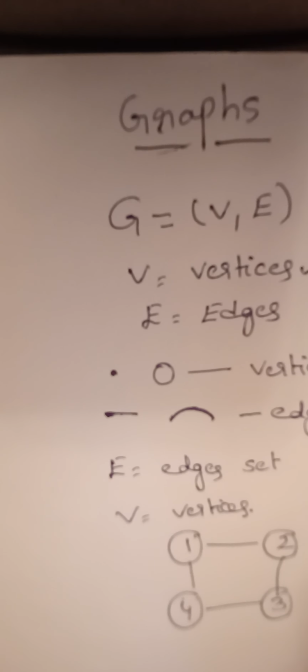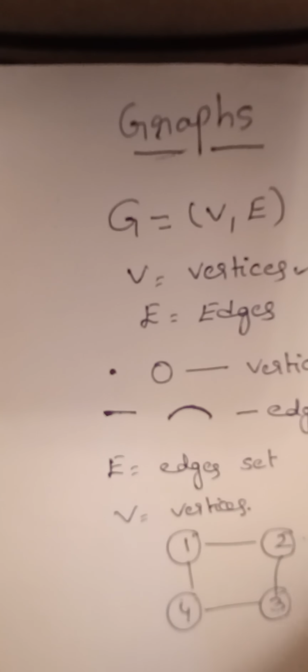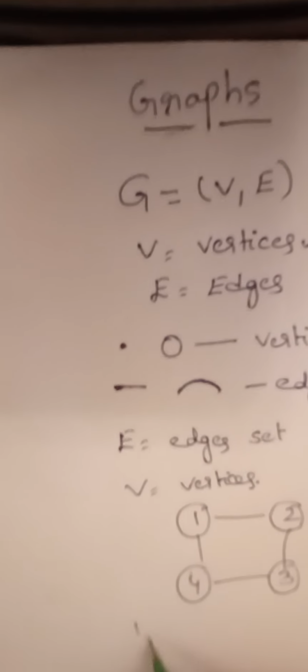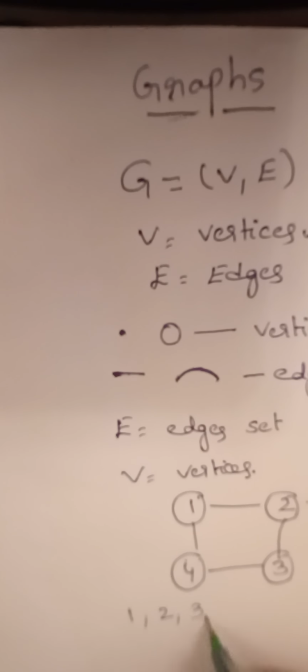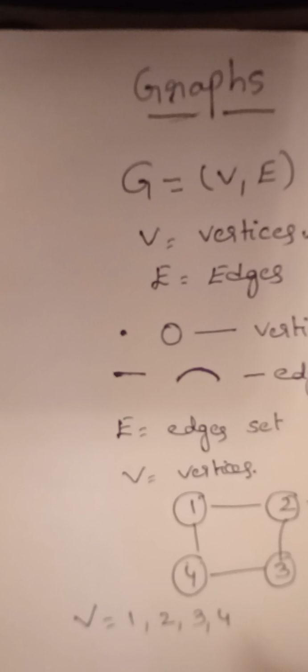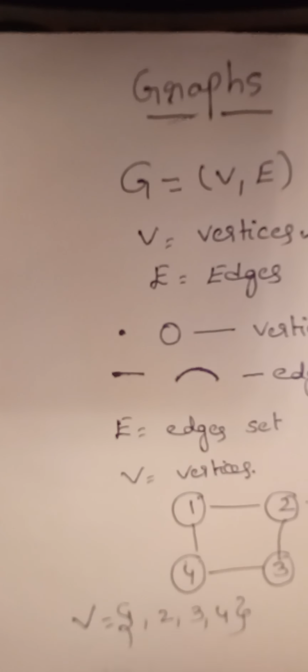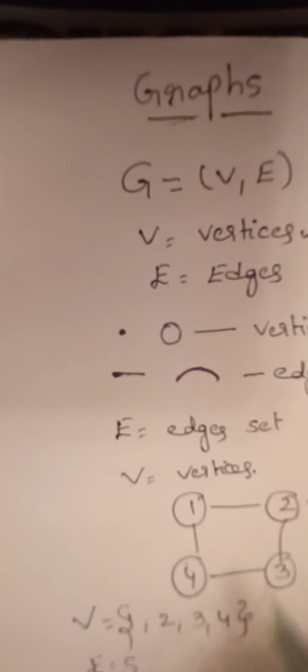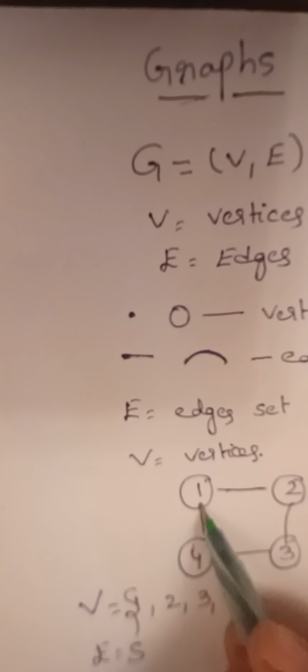This is a simple example for a graph. In this example, 1, 2, 3, 4 are vertices, the vertex set, and capital E equal to the edges.